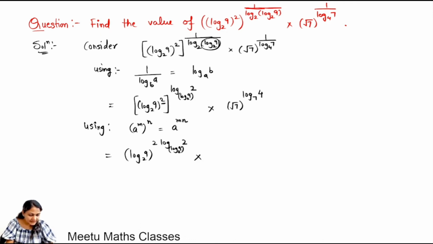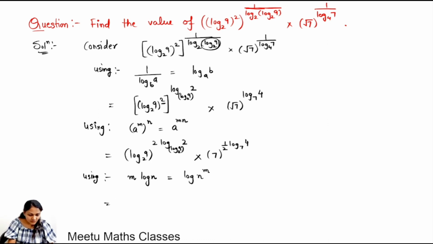multiplied by, this is 7 raised to power half. So half is going to be multiplied in the power. Now here we can use a property that m into log n can be written as log of n raised to power m.